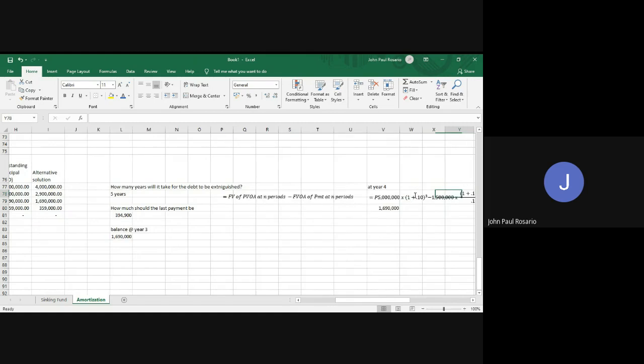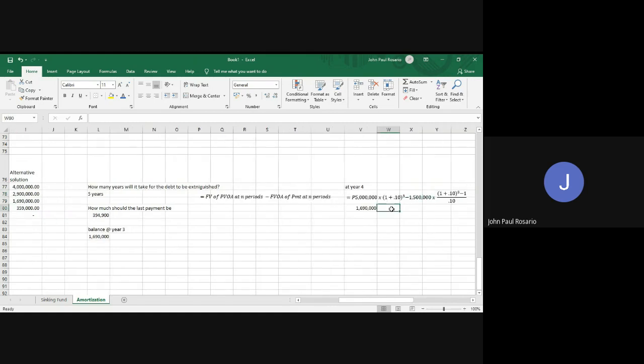So at year 4, we change these things to 4 and then 4. Oh, it's valid. Yeah, actually.